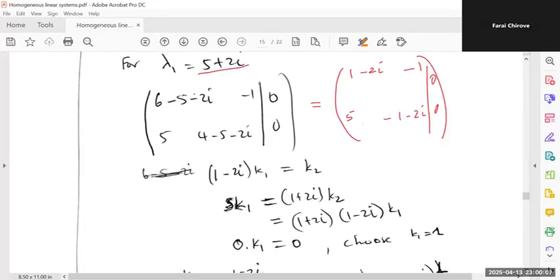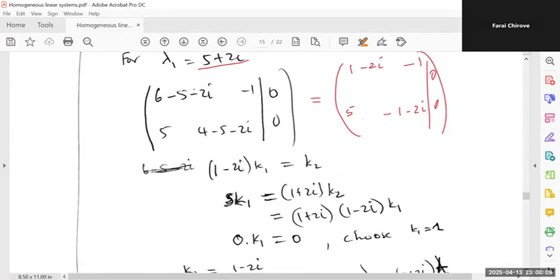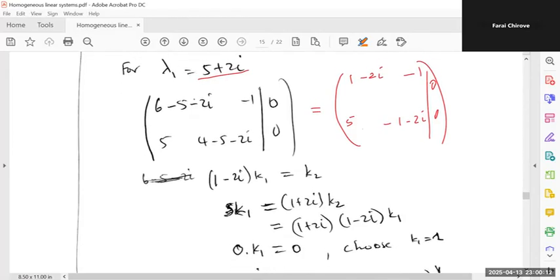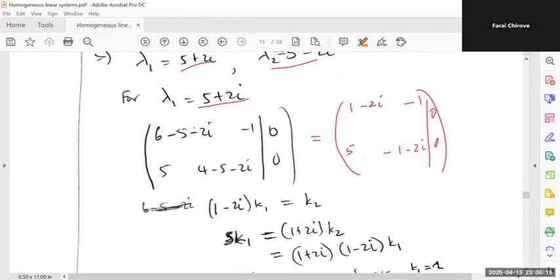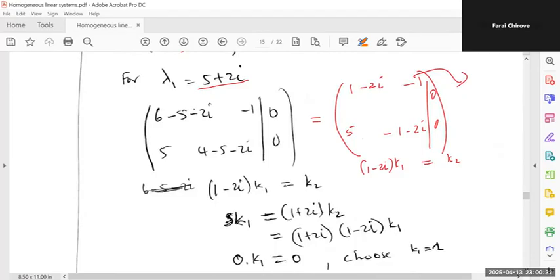So all you are doing is to write them as a system. You have 1 minus 2i times k1 is equal to k2, from the first line here. And then we also write the second one: 5k1 is equal to, if you take this one to the right-hand side, 1 plus 2i times k2.